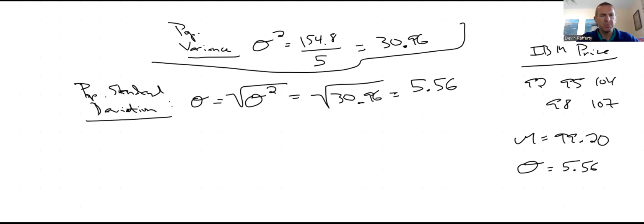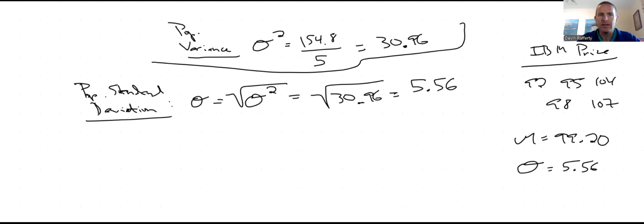So in other words, the price tends to hover between 99 minus 5, that's 94, and 99 plus 5, which is 104. Most of the time the data is between $94 and $104. Yes, that appears to be the case.